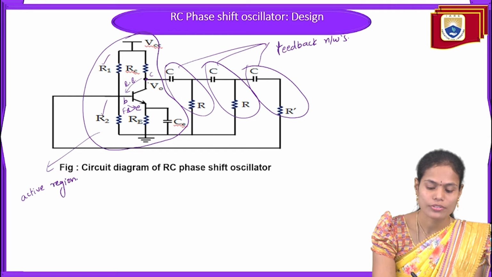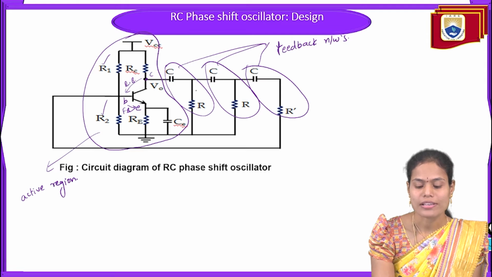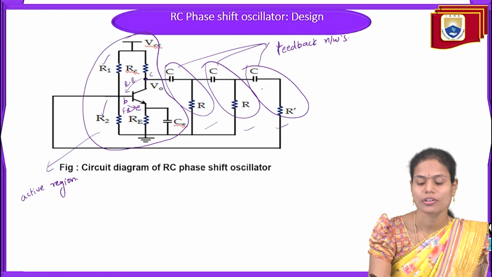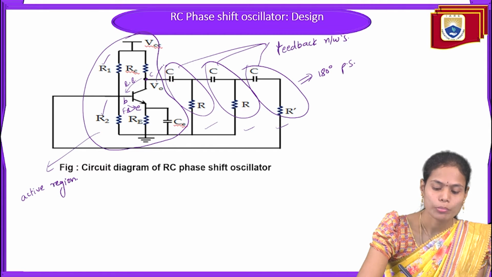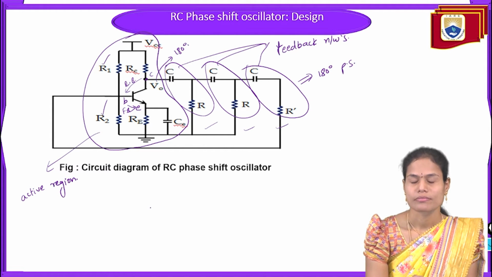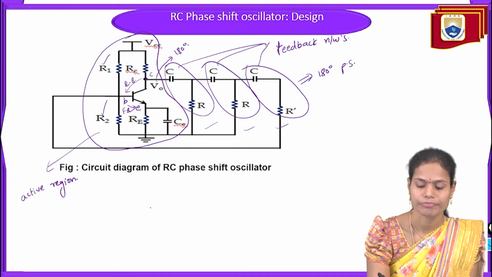The output of this amplifier we again apply to this cascade of three feedback networks here. The basic function of these three feedback networks is to provide the total 180 degrees phase shift. And the amplifier will also provide a 180 degrees phase shifted and amplified signal.